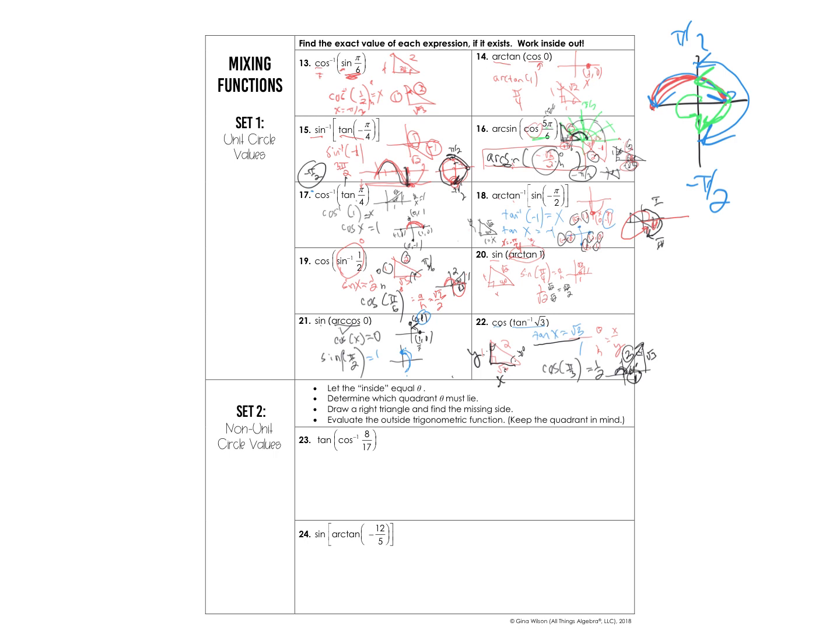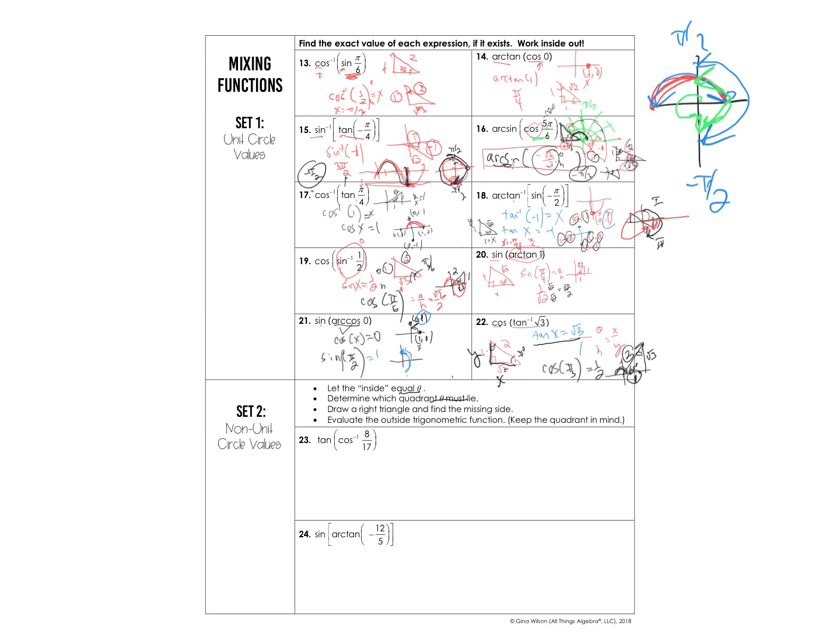Okay, we got more to go. He wants me to let the inside equal theta, determine which quadrant theta must lie in, draw a right triangle. That's what I've been doing. I've not been doing anything different. Oh, I know what he's doing here. There's only 2 of them anyway. These aren't special.